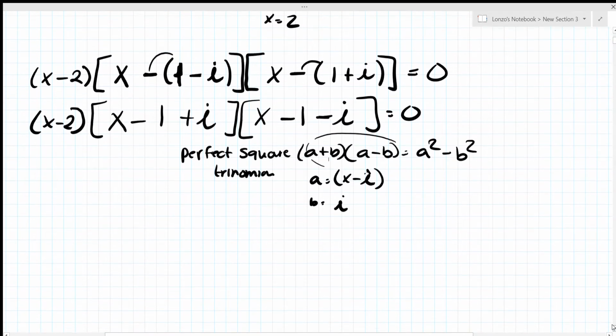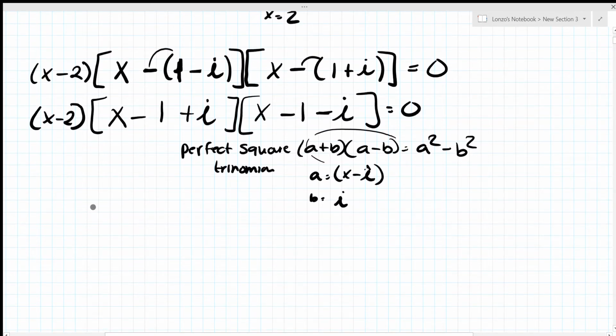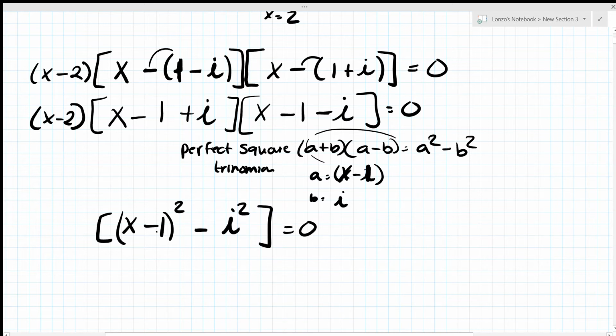So it's going to be bracket x minus 1 squared minus b squared. What is my b? i. So it's going to be minus i squared, bracket, equals 0. And then don't forget the x minus 2. We're almost there. We're almost done.